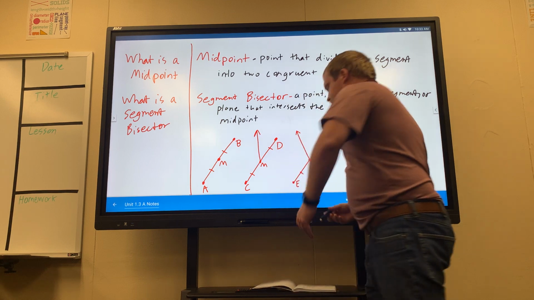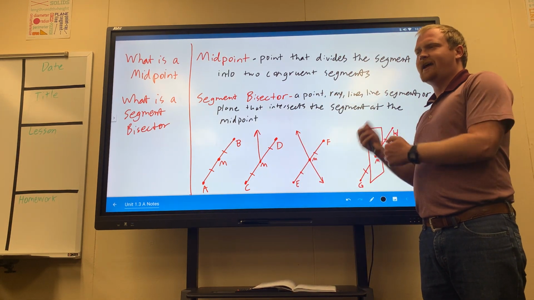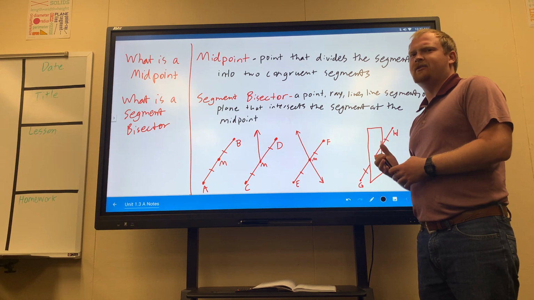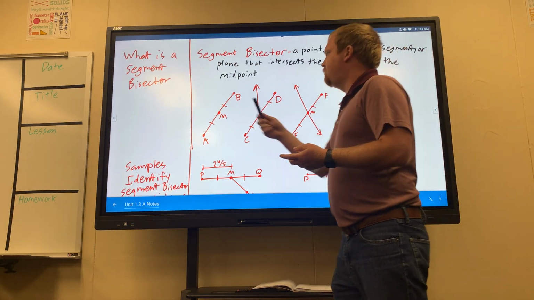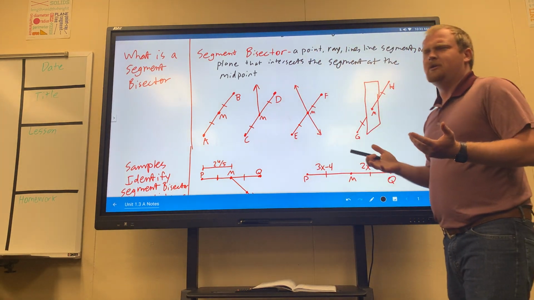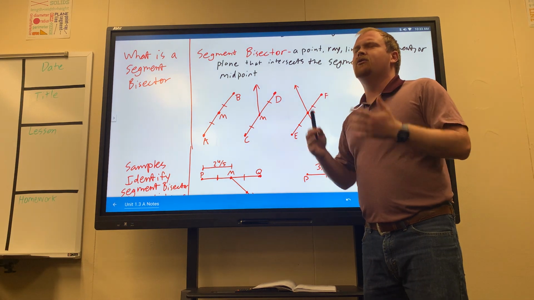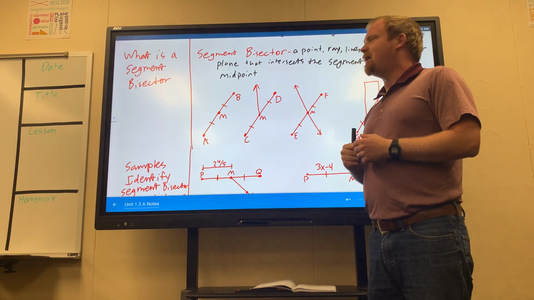So initially, whatever we considered the midpoint, that's a segment bisector. So basically, it could possibly be a point, a ray, a line, or a plane. It can be any of those things.